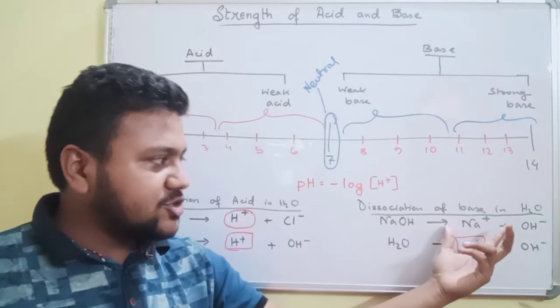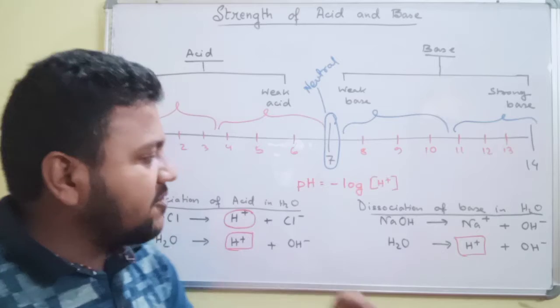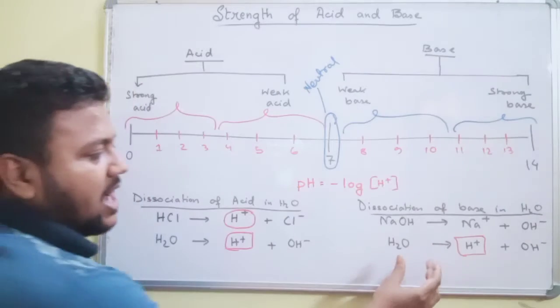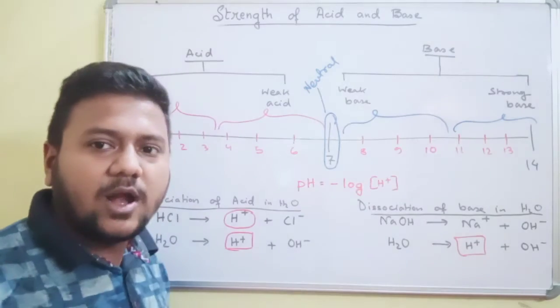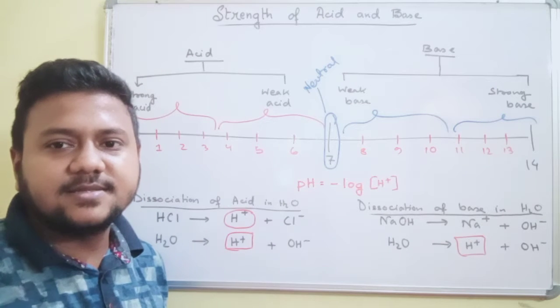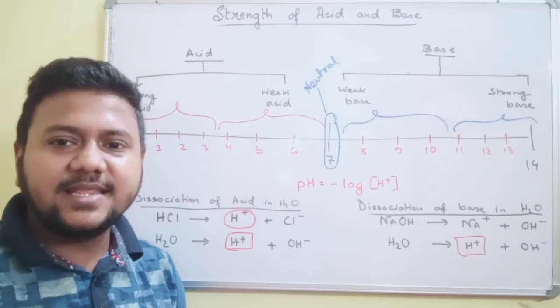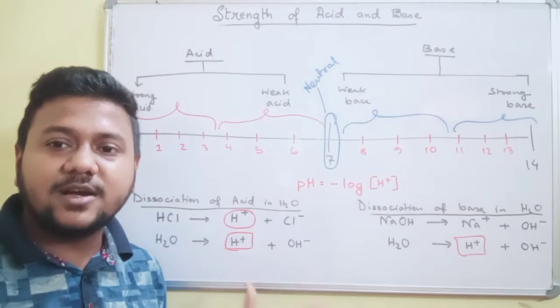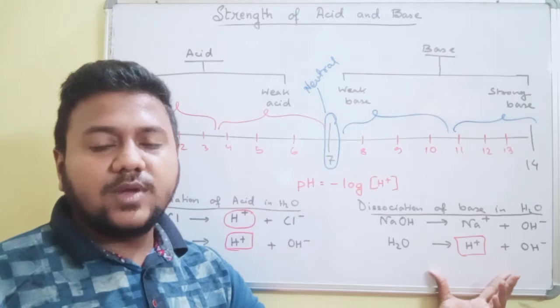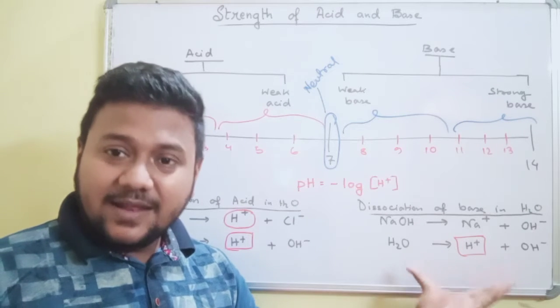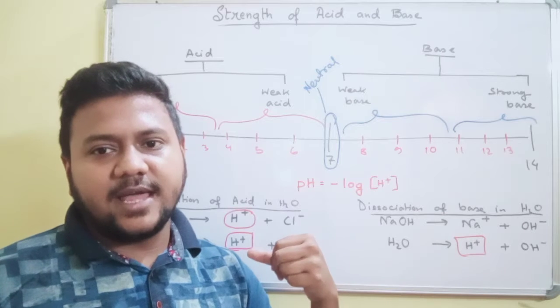But in case of dissociation of a base, only the water molecule gives the H+ ions in the solution. So we can say that acids will have a greater number of H+ ions, whereas bases will have a lesser number of hydrogen ions.